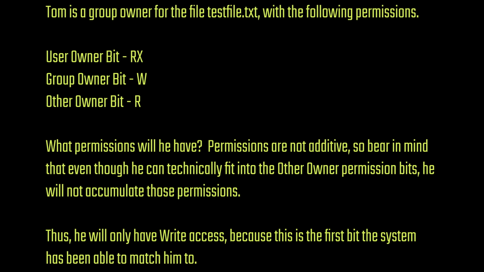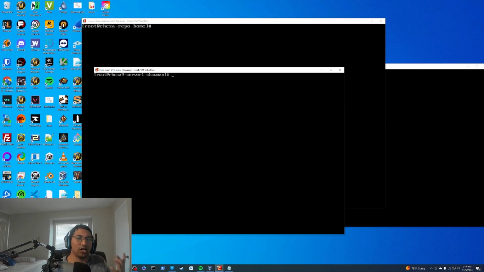Let's say, for example, I'm on the user Tom, and I'm trying to access a file that ShawnZX owns. Tom is obviously not the file owner in this case, ShawnZX is.